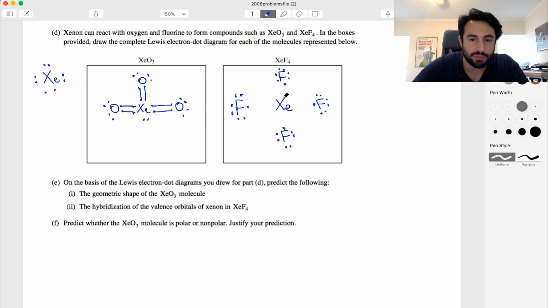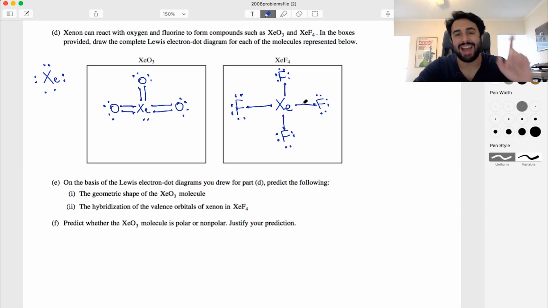So xenon. Let's do this. Let's make single bonds all around. But xenon had 8 valence electrons, right? So it used 4 of them to make those bonds, and it's got 2 lone pairs left over, right?